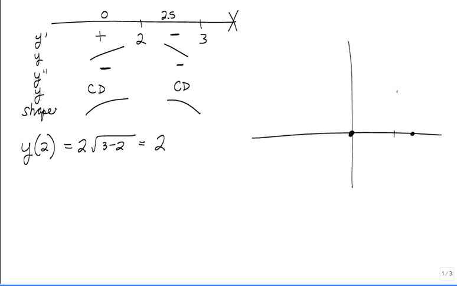So at 2, I'm going to get (2, 2). This is (3, 0), and this is (0, 0). So the only thing we can do is kind of go like this, and that keeps going down.